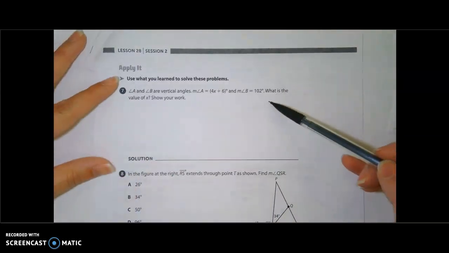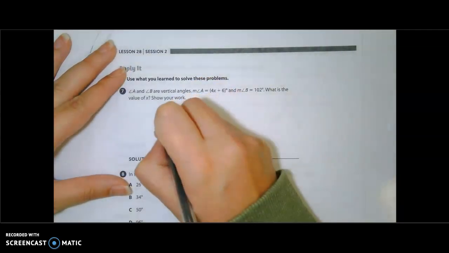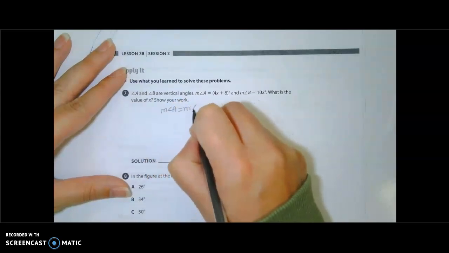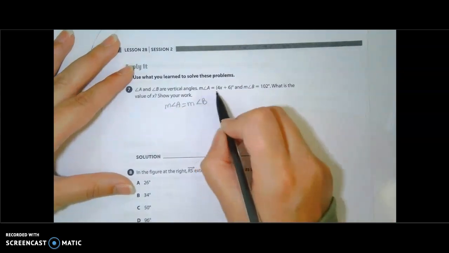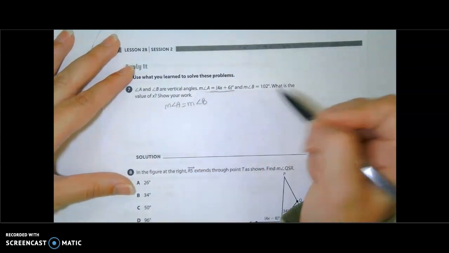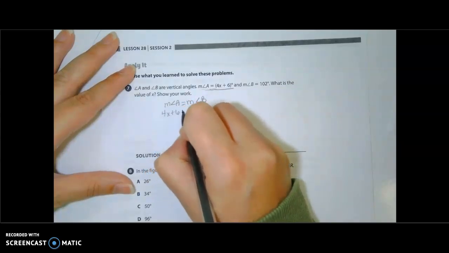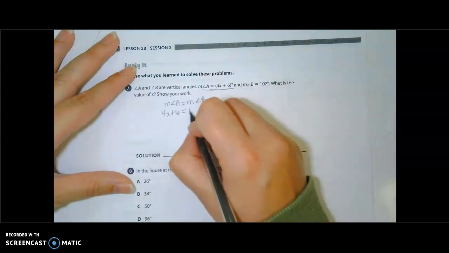So using that right away, angle A and angle B are vertical angles. So that means that the measure of angle A has to equal the measure of angle B. Because that is true, now I can replace measure of angle A with 4x plus 6. So I'm now going to make this 4x plus 6 equals measure of angle B, which is 102.